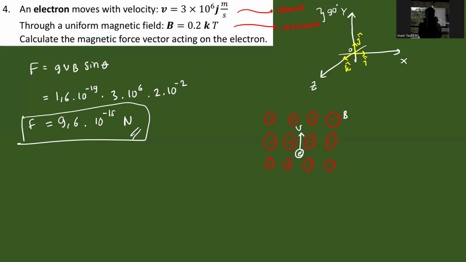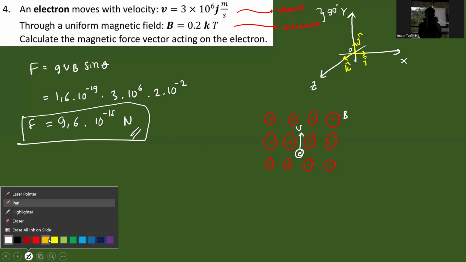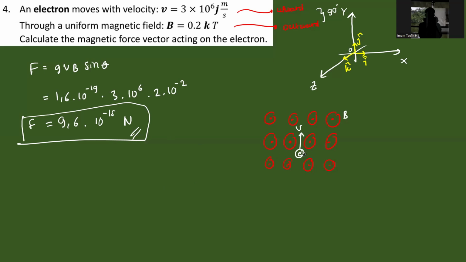So we will have the force acting on the electron leftward. Why leftward? If we use a proton, it will be directed rightward. If we use an electron, the direction will be reversed.